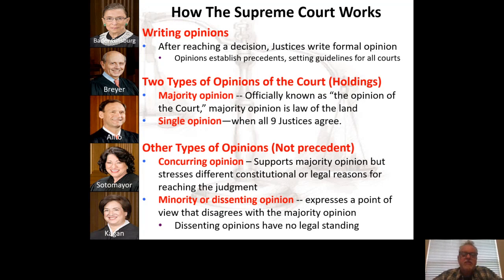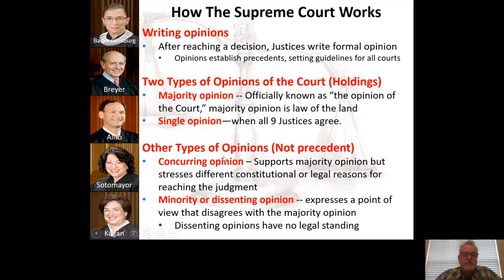And here is something that's extremely interesting about our courts. We often think of the Supreme Court as being very controversial, but we only hear in the news about controversial cases. You may be surprised to learn that more than 50% of the cases, in some years as high as 60% of the cases, all 9 of the justices agree on the opinion.